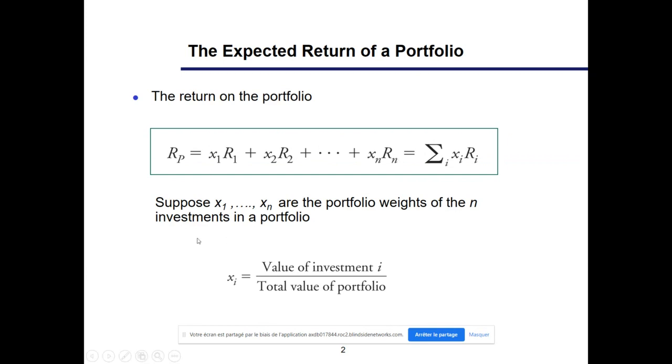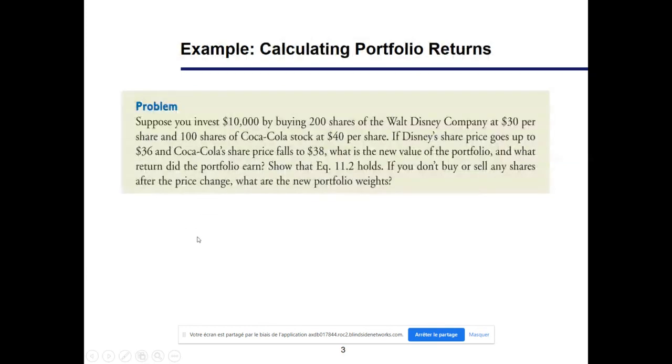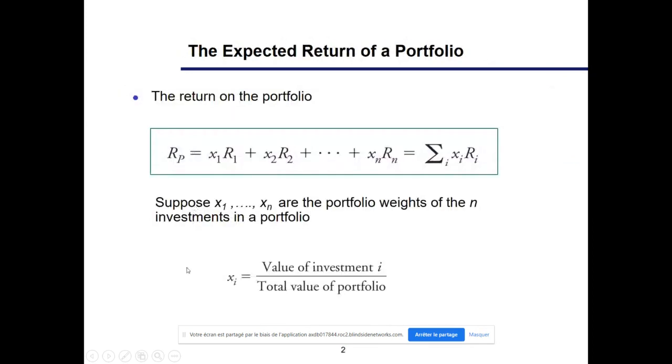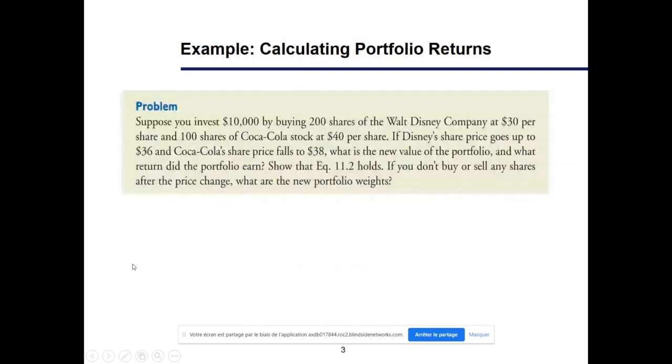Okay, so for example, I will give you a real example so that you can easily understand it. Suppose you invest $10,000 by buying 200 shares of Walt Disney Company at $30 per share, and 100 shares of Coca-Cola stock at $40 per share.